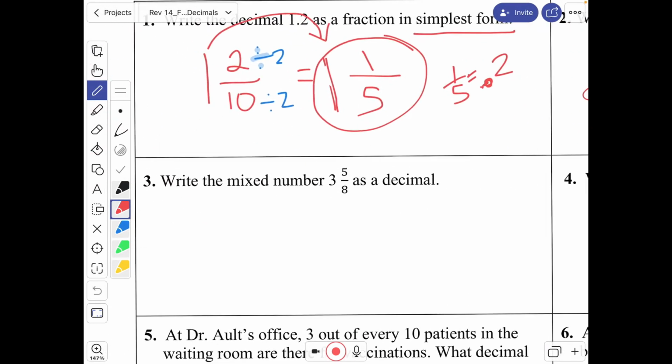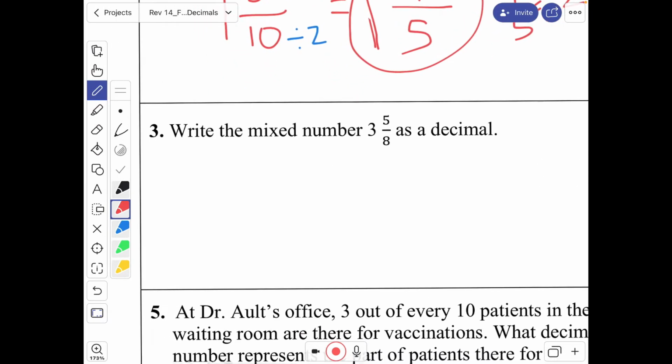Number 3. Write the mixed number 3 and 5/8 as a decimal. So the whole number part stays the same. And then 5/8 was on our sheet to memorize. But if you don't remember it, then you've got to do man, horse.